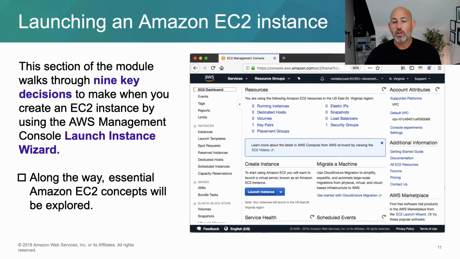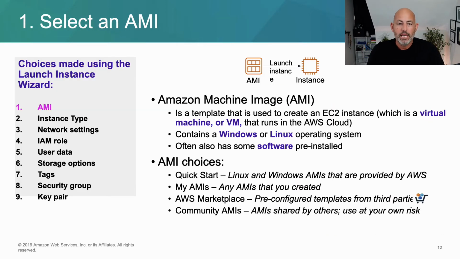Now, in terms of launching an Amazon EC2 instance, one of the things you can do is launch it via the console. That's probably one of the easiest ways to do it. And there are essentially 9 decisions to make when you launch. The first thing is to select the AMI. I would recommend starting with the Amazon Linux 2 AMI, but you can use things that have potentially pre-installed software inside of them.